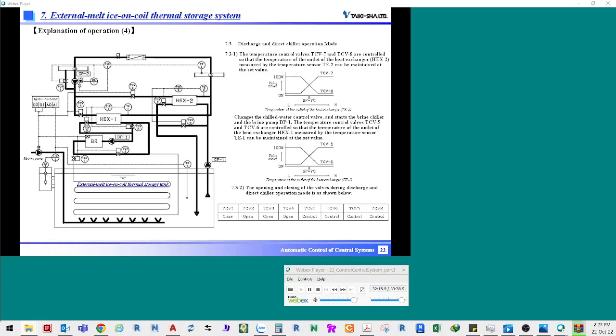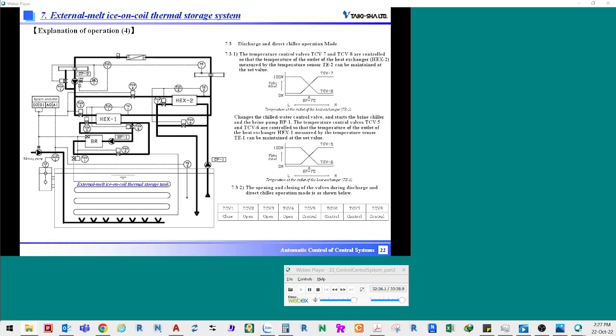In addition, the temperature is controlled based on the supply water temperature TE1 of the chilled water at the outlet of the brine water heat exchanger, HEX 1, and by the temperature indicating controller so that the supply water temperature reaches its set temperature.